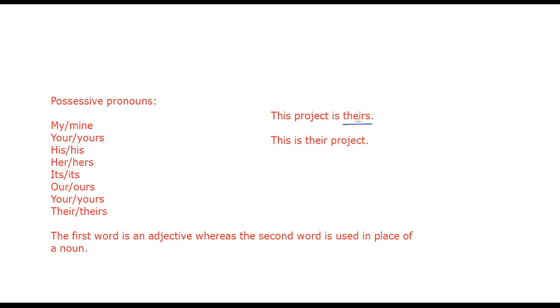I'm sorry, you have a possessive pronoun here that renames the noun this project, but you have their here acting as an adjective for project. And it describes project. So that's how possessive pronouns work.